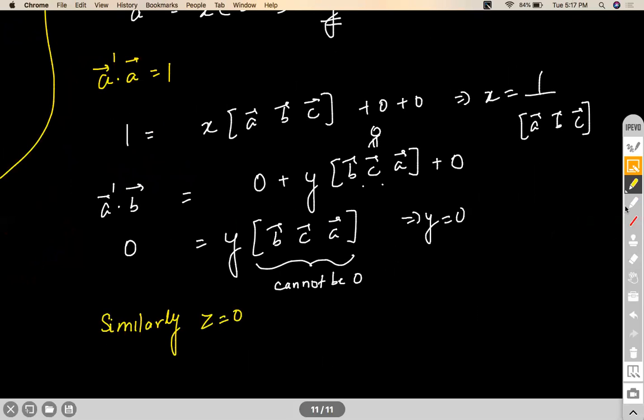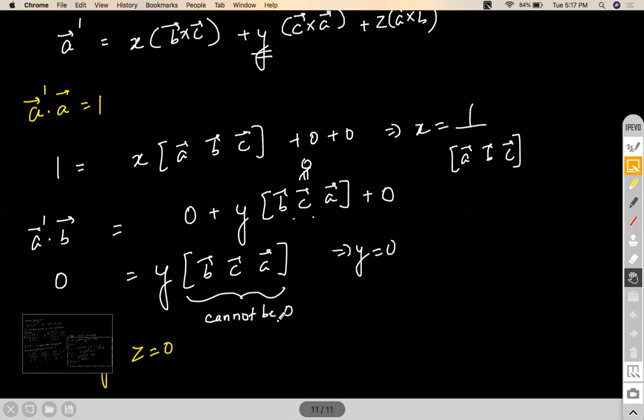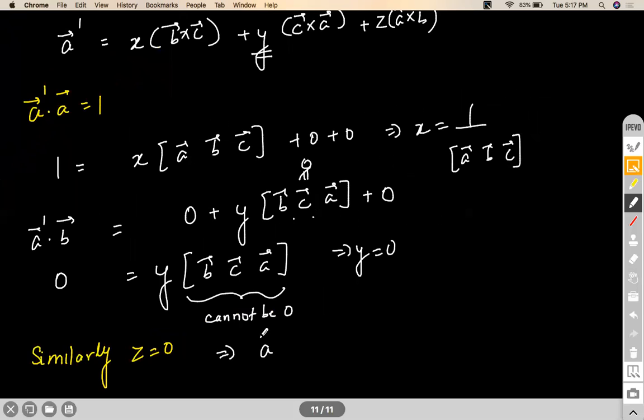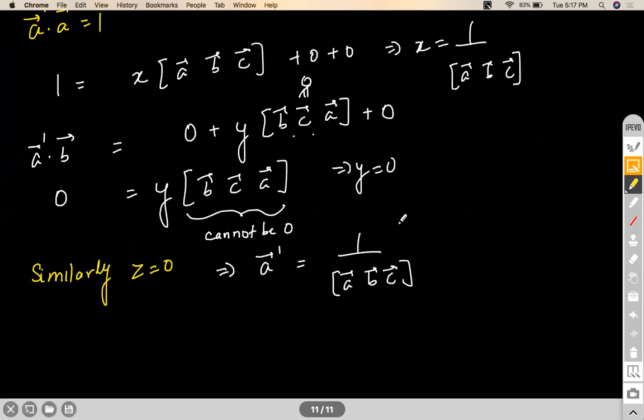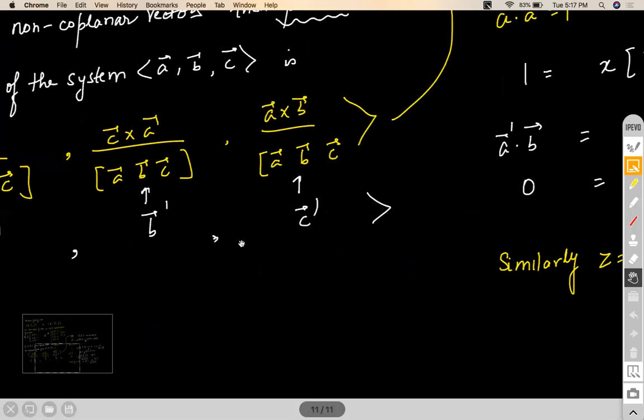So what do I conclude? I conclude that my A dash vector would be X, which is 1 by box ABC, times B cross C, and other terms would be 0. So this is your A dash, and that is what I wanted you to prove here.